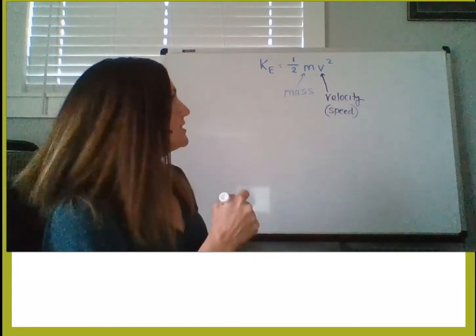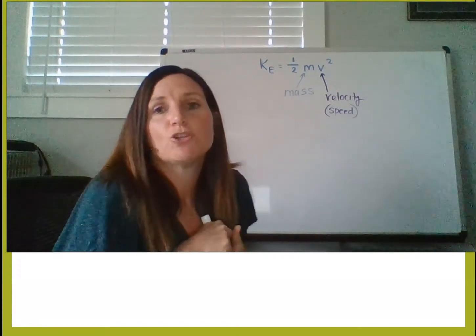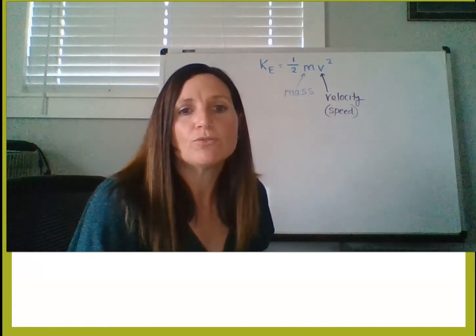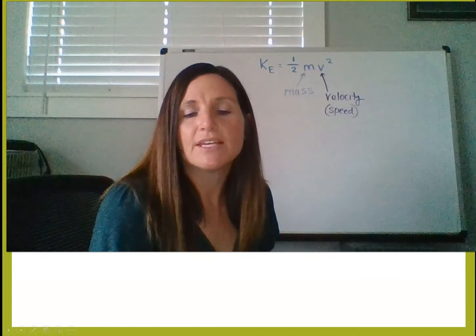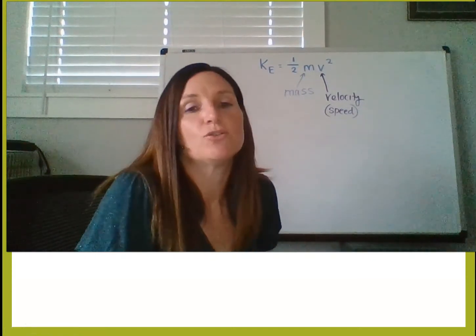So if we consider a situation where we have two different gases, gas A and gas B, those two gases at the same temperature should have the same amount of kinetic energy. This allows us then to set their two kinetic energies equal to one another.